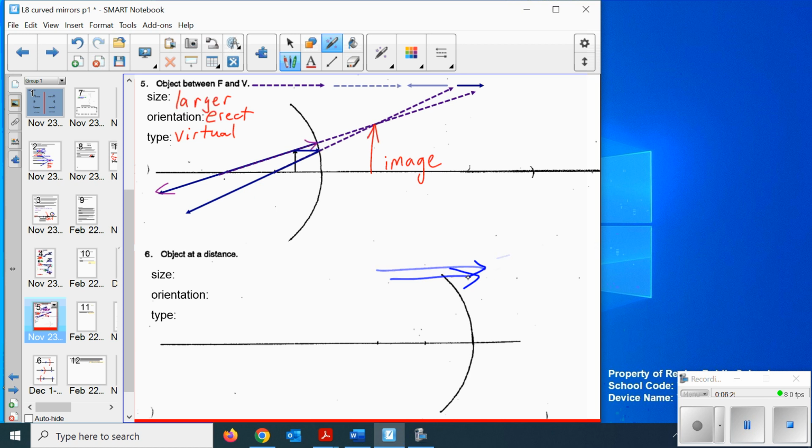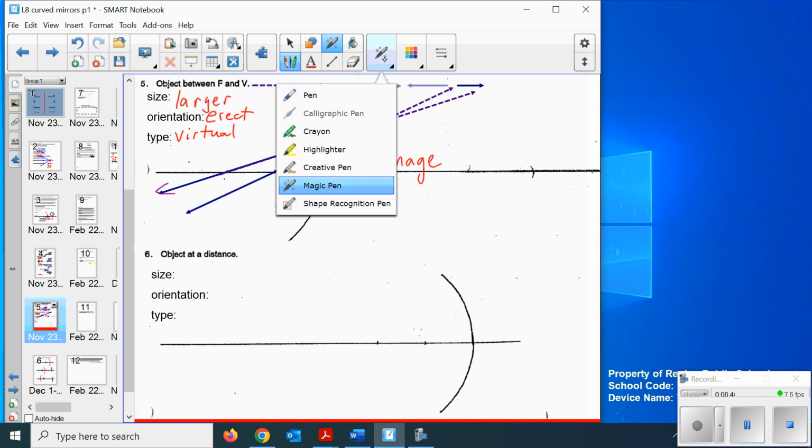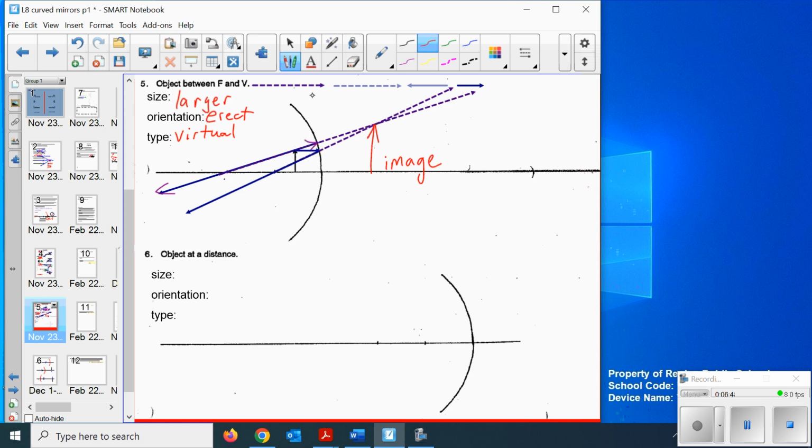You don't have to even do that. But the idea is that if something's at a large distance, the rays of light coming from that object are coming in parallel. Okay? If they come in parallel, we already have done this down here.